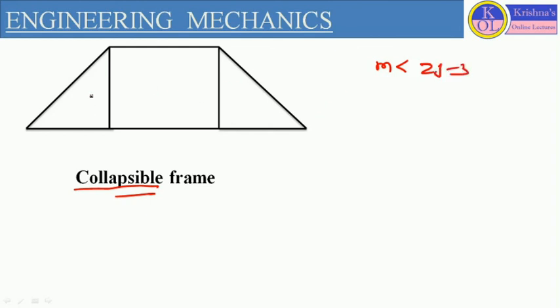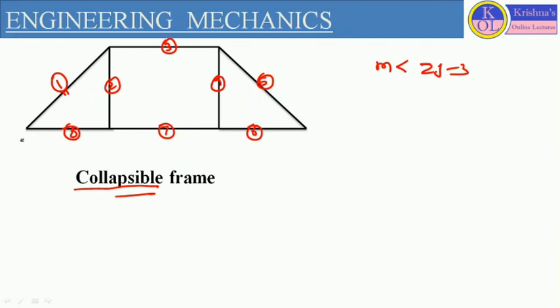So let's count the members. A straight line should be a member. So we have 8 members here.